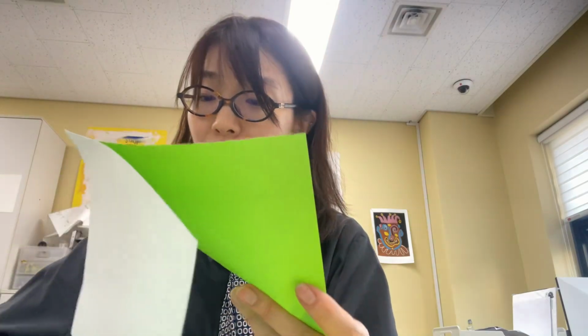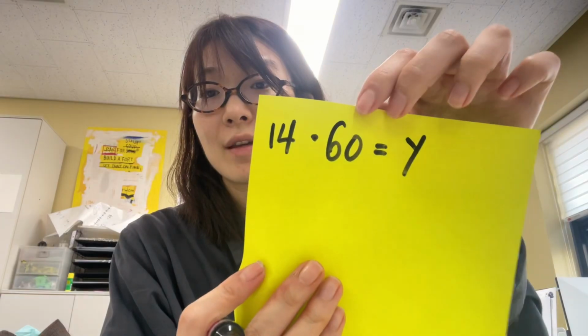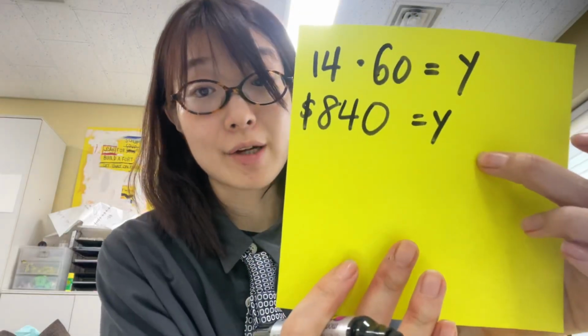So it will go 14 times 60 equals y, right? 14 times 60 equals y, and that's going to be $840.